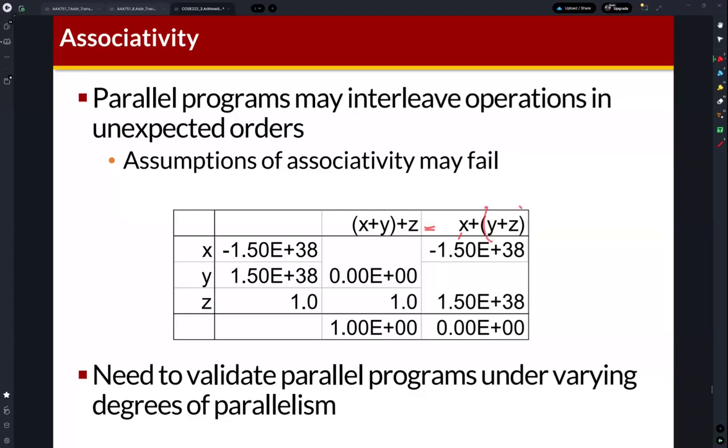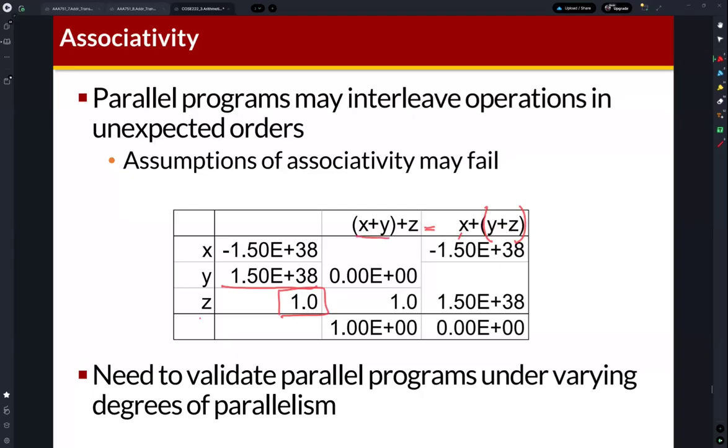So we can first calculate y + z, right? But in a computer system, because of the representation of floating point numbers, the result can be different. Let's see the example. x is a very large number, y is the same number but only the sign is different, right? And z is a small number, just 1.0.